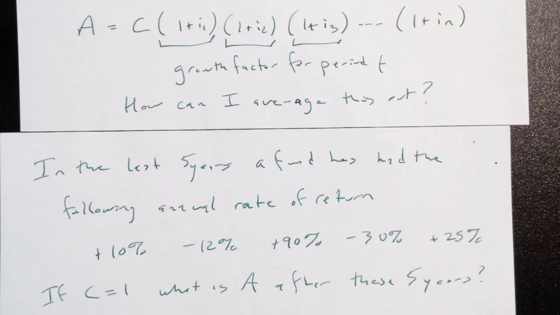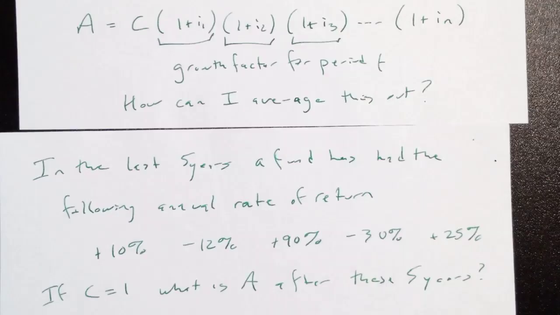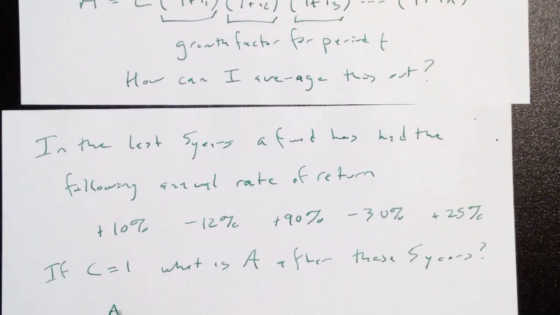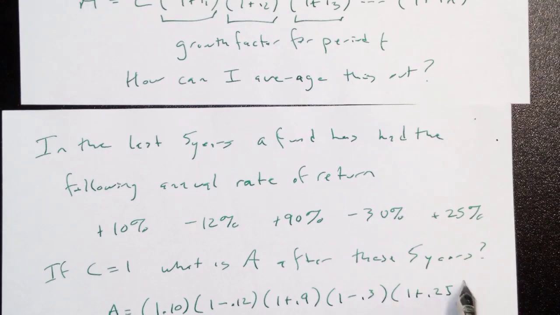That's unfortunately not what our formula up there tells us to do, Maria. I've got to do this multiplication sequence to figure out what's going on, right? My investment of $1 will have earned a future value of 1.10 times 1 minus 0.12 times 1 plus 0.9 times 1 minus 0.3 times 1 plus 0.25.